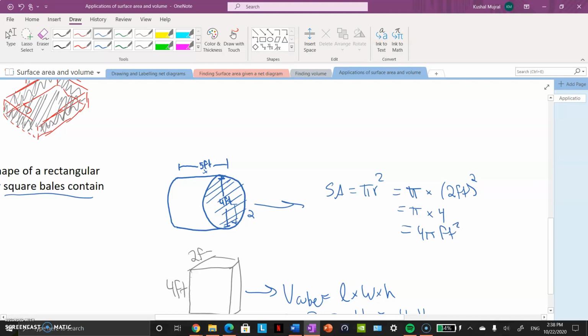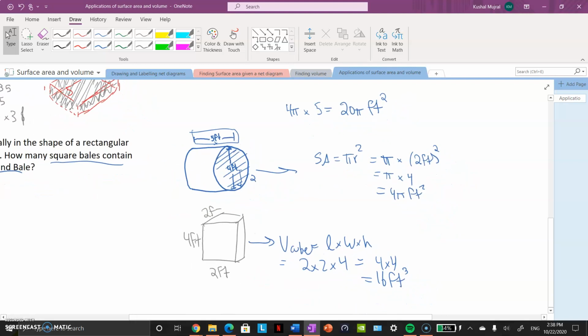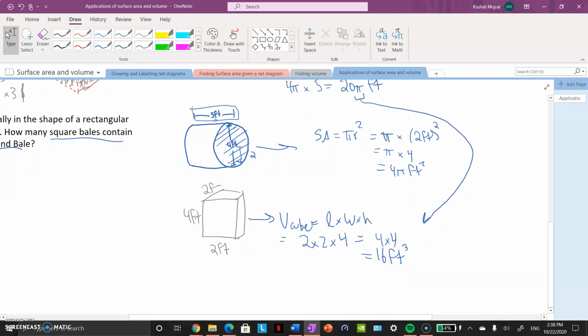Okay, that's the surface area. And the height is 5 feet, so 4 pi times 5 is 20 pi, and the volume would be 20 pi feet cubed. Okay, so when we're talking about pi here, let's approximate it later on. I'll show you how we'll approximate it.